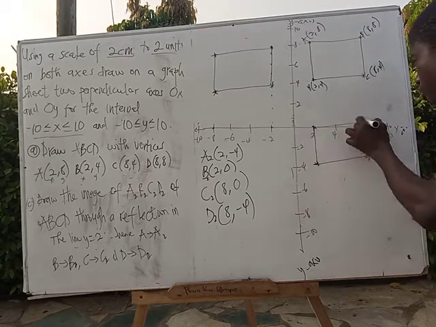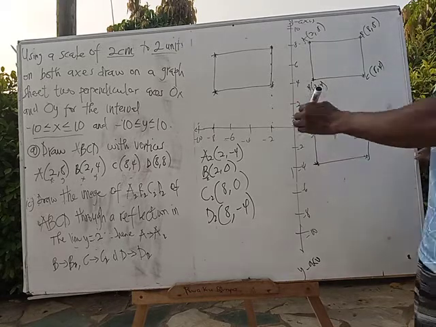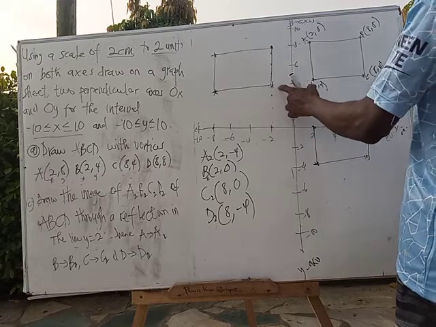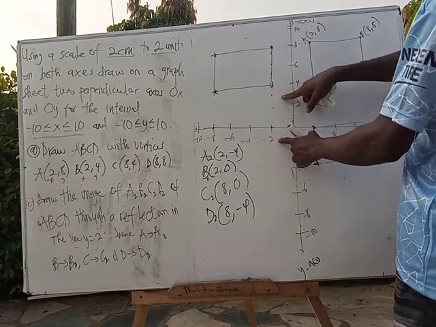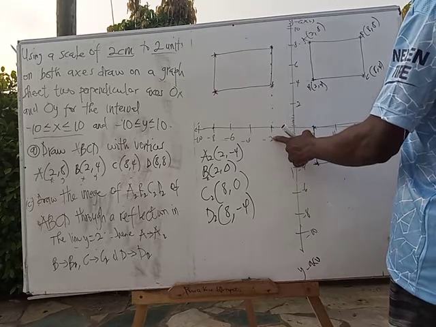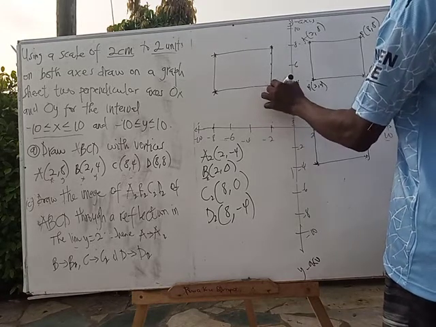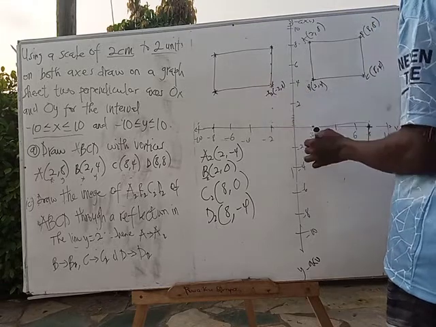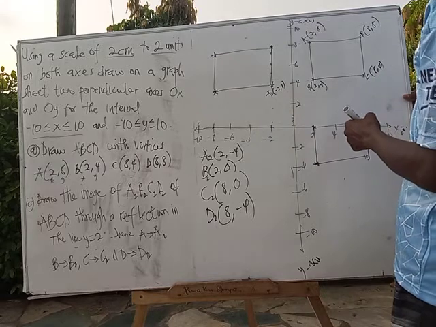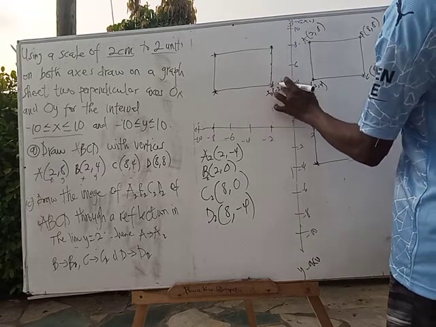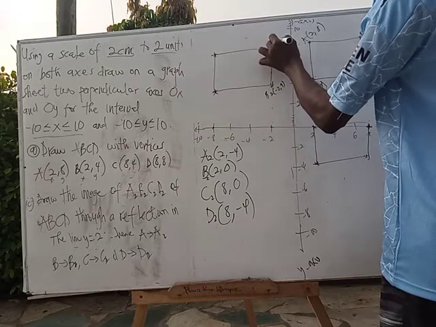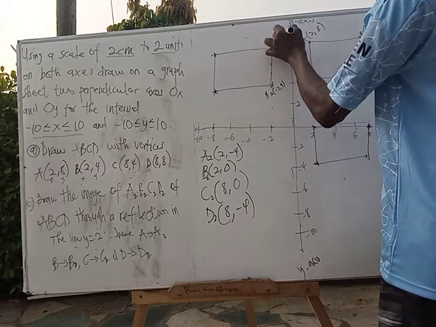You get it? So this one is reflection in the what? No, sorry, I didn't label this one. So this is negative 2, 8.